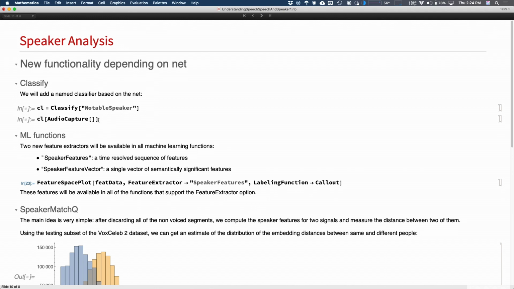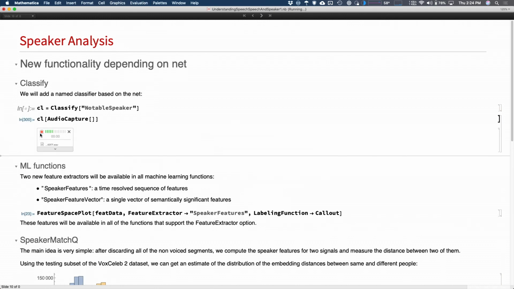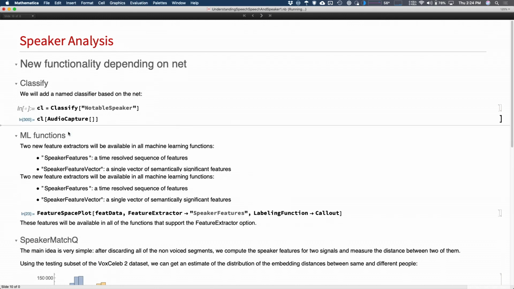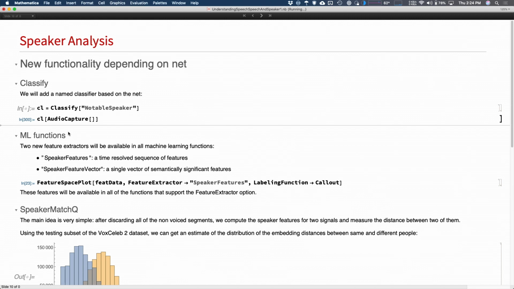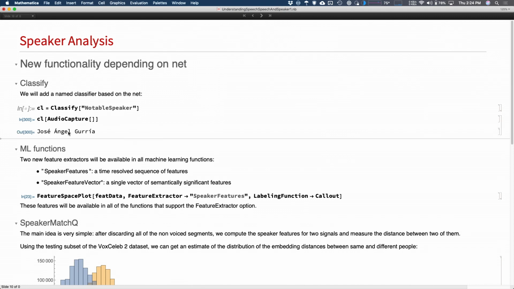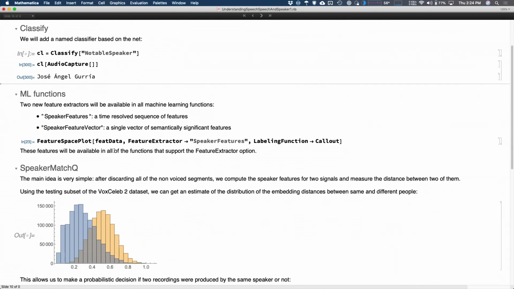Here I have "Good evening from Washington University in St. Louis, Missouri", from some presidential debates some years ago. And I compute the time-resolved features with the net that was trained, and then run find clusters on it, and then plot the result. And you can see how I can recognize different clusters in the feature space that correspond to different intervals in my signal.